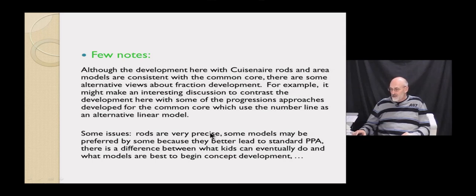Some issues related to that is I would argue that the rods are very precise. And so when the Common Core emphasizes linear models, and then the progressions talk about focusing on number line stuff, that makes sense. But it might make sense to start with the Cuisenaire rods because they are a very concrete linear model, and you might be able to grow from the development at the Cuisenaire rods up into a number line model that makes a little bit more sense.